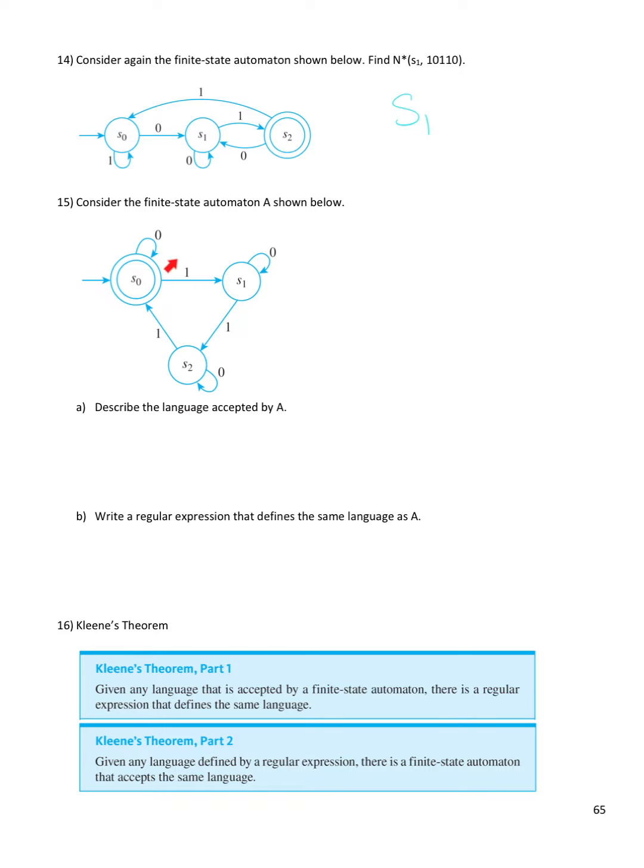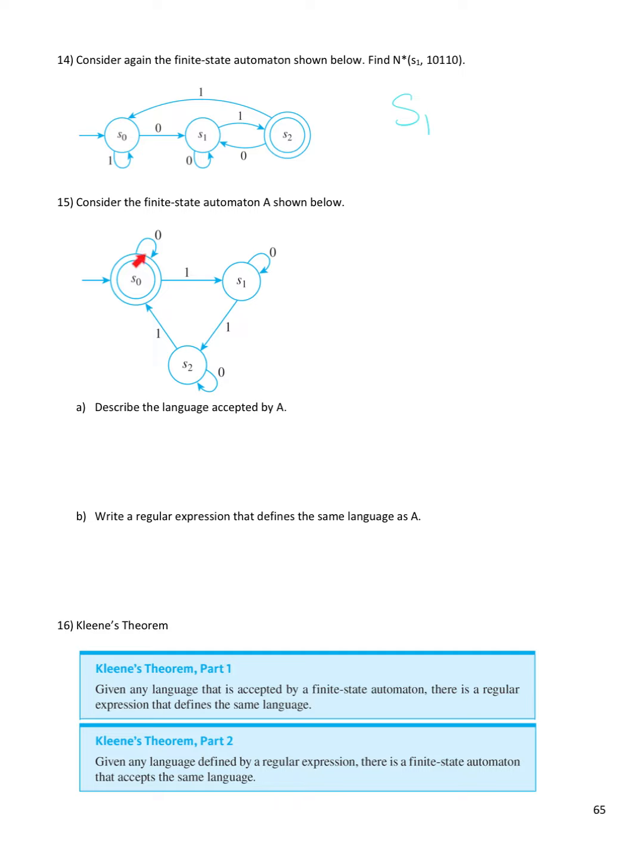In this case, my alphabet is zeros and 1s. So what sets of strings land at S0? Assuming we're going to start at our initial state, what kinds of strings land me at the acceptance state, S0?